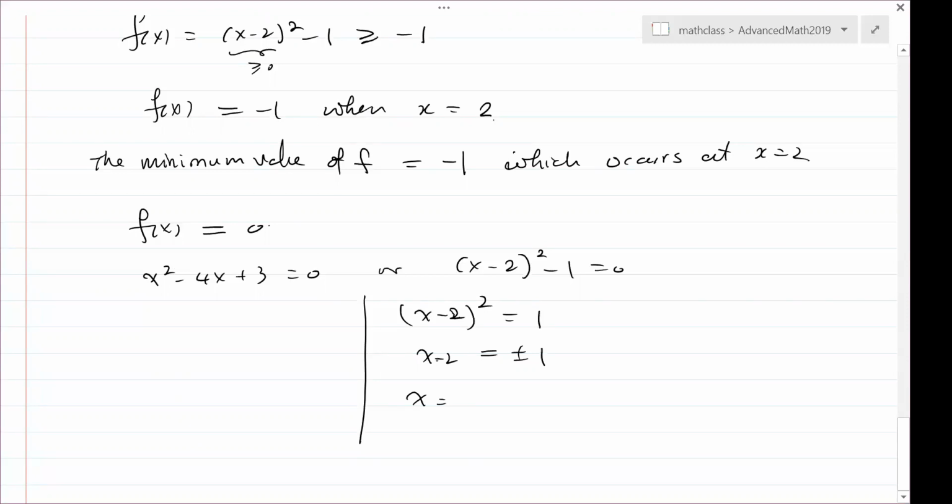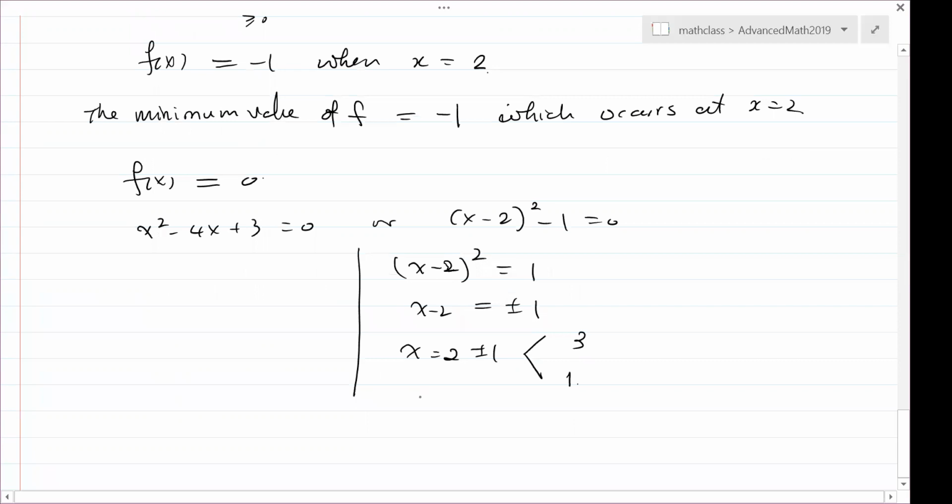So x minus 2 must be either 1 or -1. So it's 2 plus or minus 1. When it's addition, it's 3. When it's minus, it's 1. So you get 2 x-intercepts. Those are also called the roots, and also called the x-intercepts of the graph.